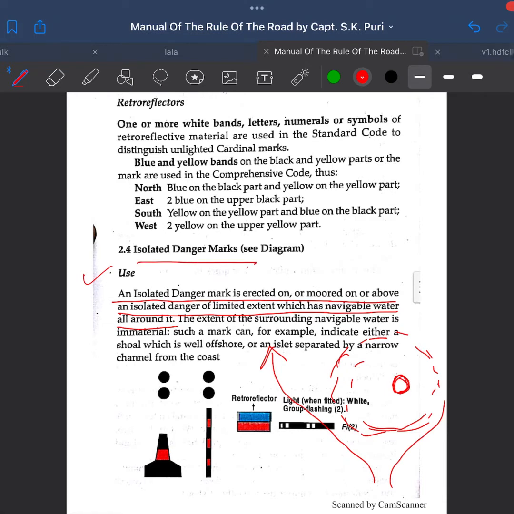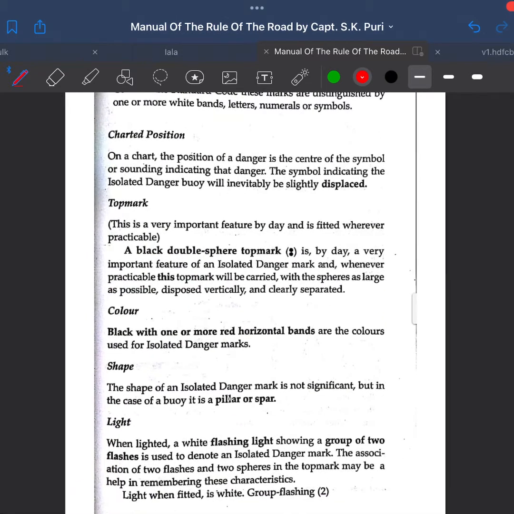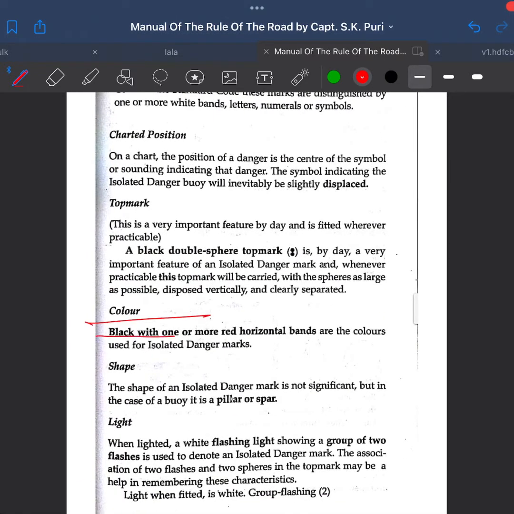Now we'll talk about the color, day shape, everything. The color will be black with one or more horizontal red bands. The top mark will be two black spheres. The shape is pillar or spar.